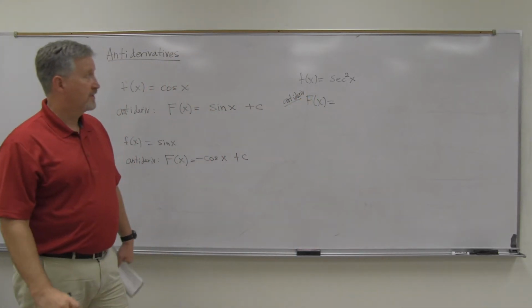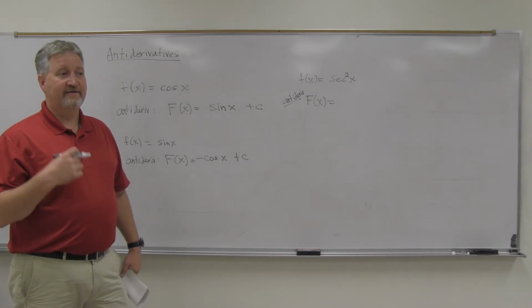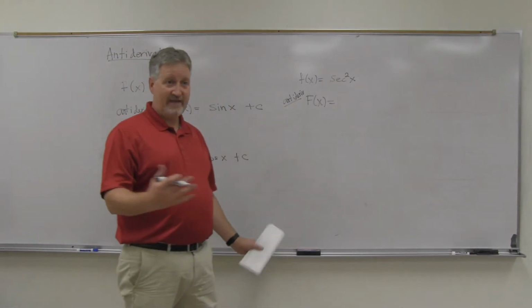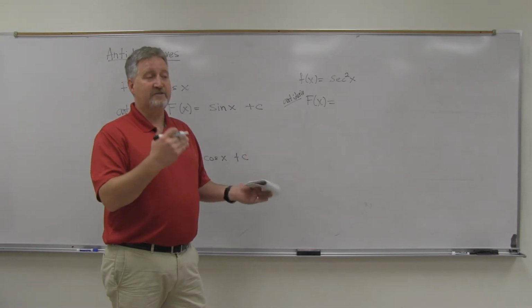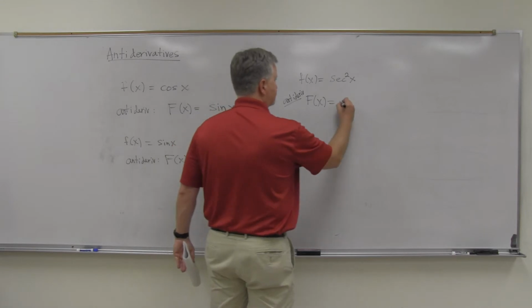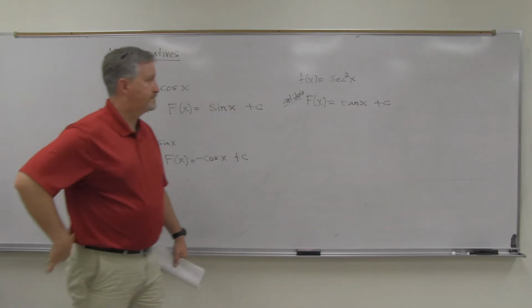Why is that? Because what function has a derivative that's secant squared? Tangent, right? Tangent's derivative is secant squared, so for secant squared x, the antiderivative is tangent x plus c. See that?